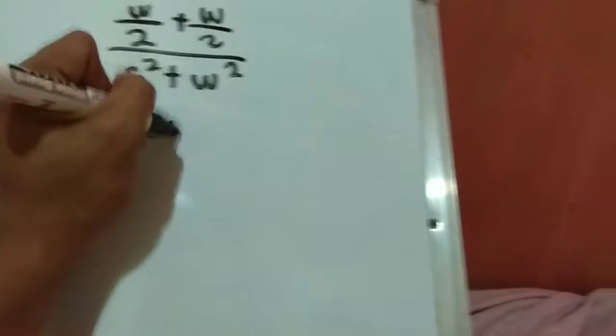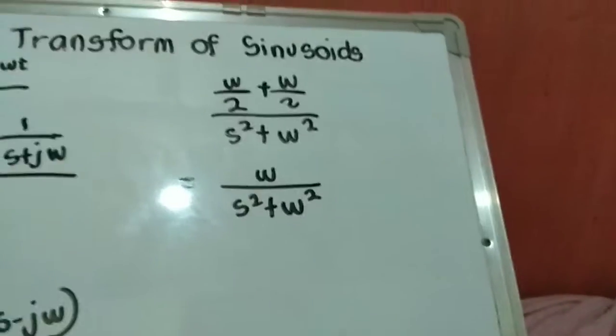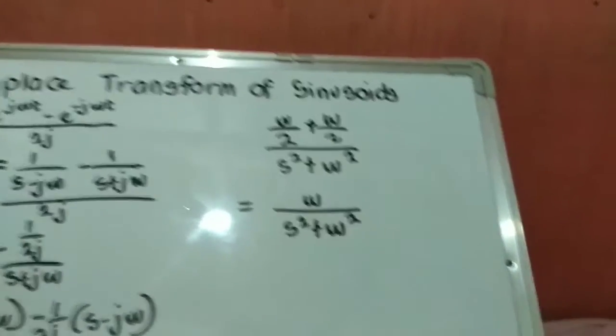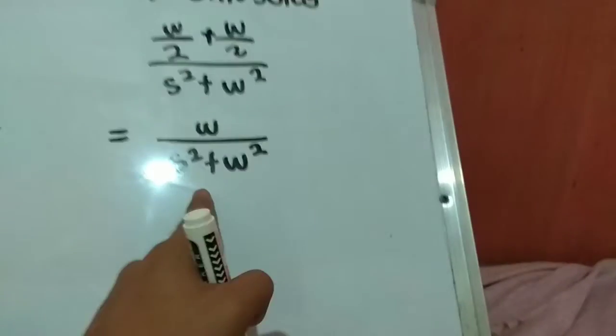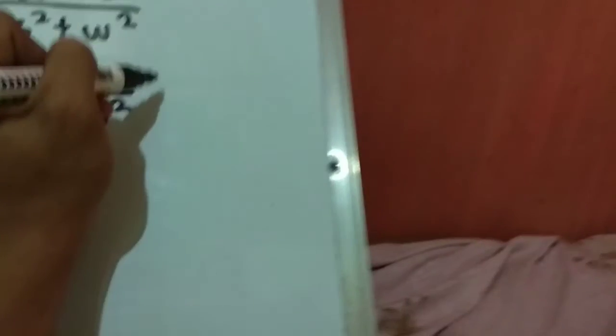So omega all over s squared plus omega squared. So the Laplace of sine omega t is equal to omega over s squared plus omega squared, such that s is more than 0.